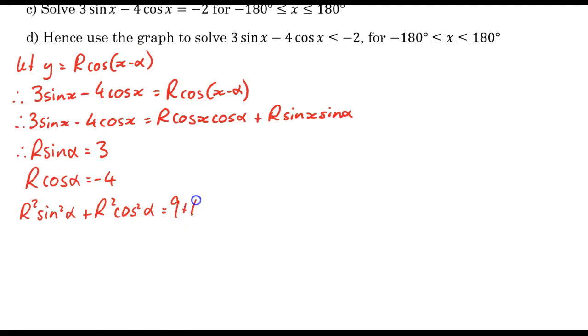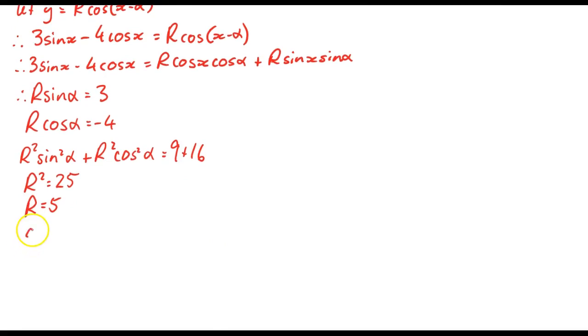Now, if I factorise this, take out r squared, I'll have sine squared plus cos squared, and sine squared plus cos squared equals 1, so I just get r squared equals 25, and because r has to be positive, I'm going to say that r equals 5.